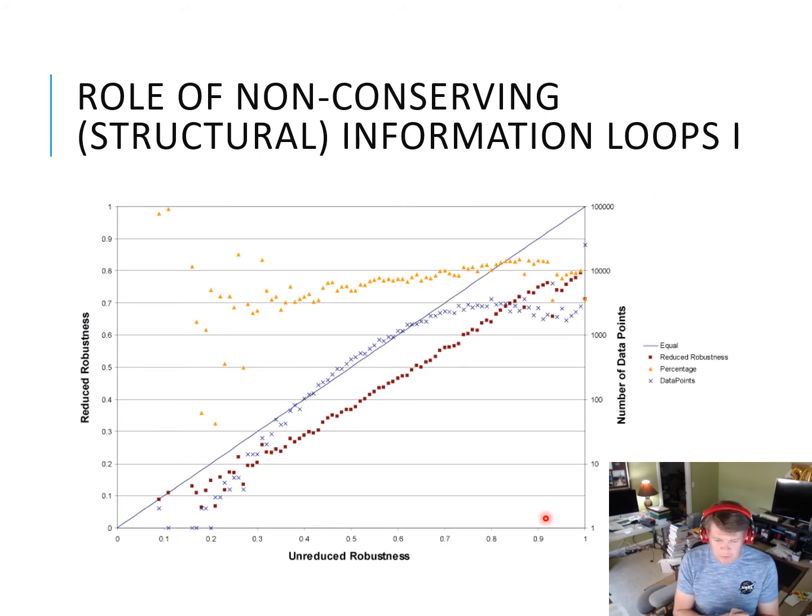The robustness that we calculate is the percentage of one-node changes that would still lead to the same attractor that we were in before. So if robustness is really, really low, we're basically saying that any small change from the outside is going to affect the long-term dynamics of this system.